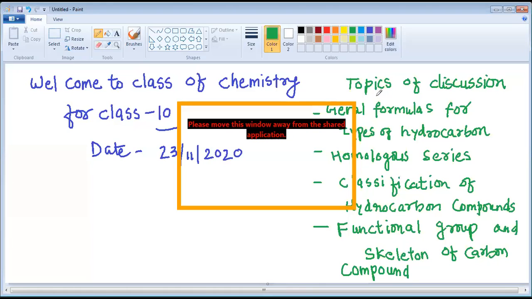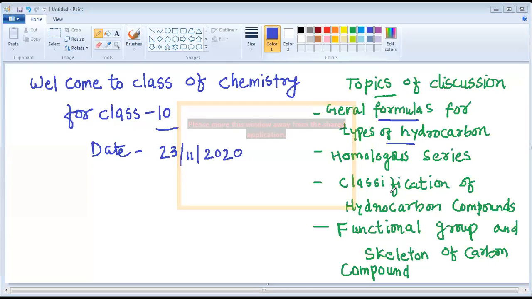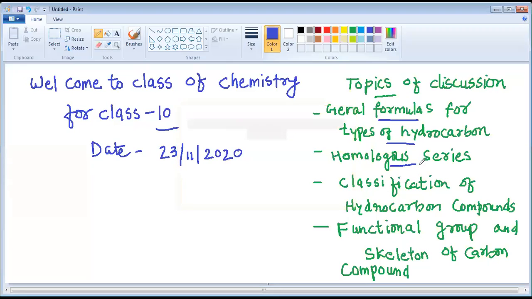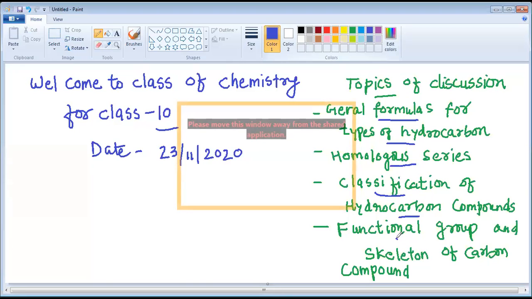The various topics that we are going to study today, my dear students, are the general formula for the various types of hydrocarbon that we'll see. We'll also study about the homologous series. We'll study about the classification of the hydrocarbon compounds. We'll study about the functional group and the skeleton of the hydrocarbon compound.